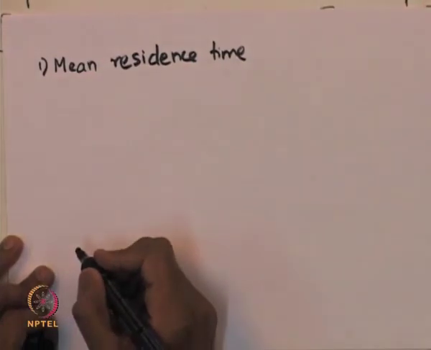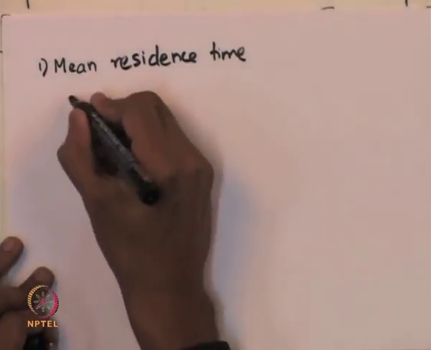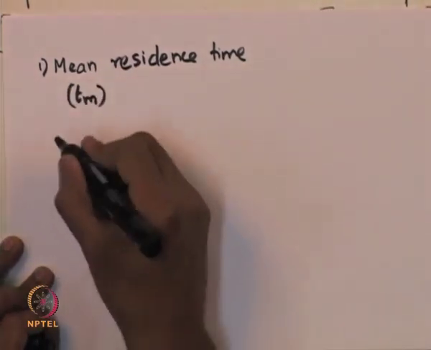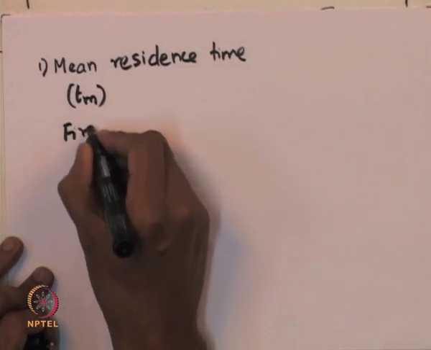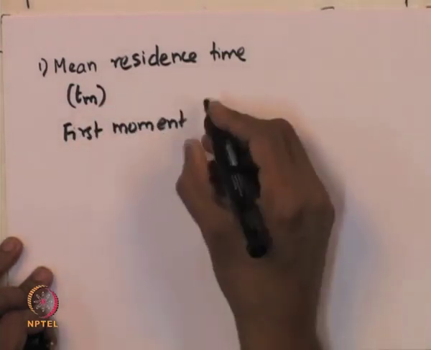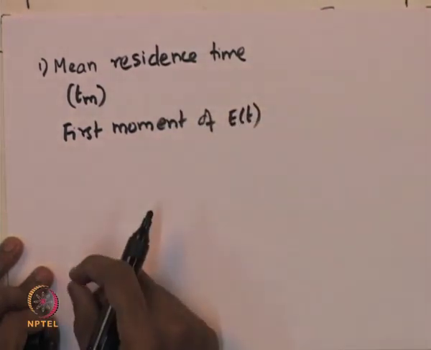The mean residence time is given by the first moment. Tm is the symbol I will use for mean residence time, and it is given by the first moment of E of t, that is the RTD function.